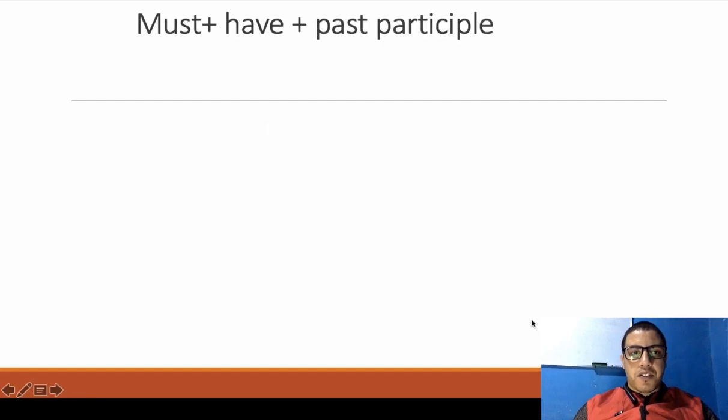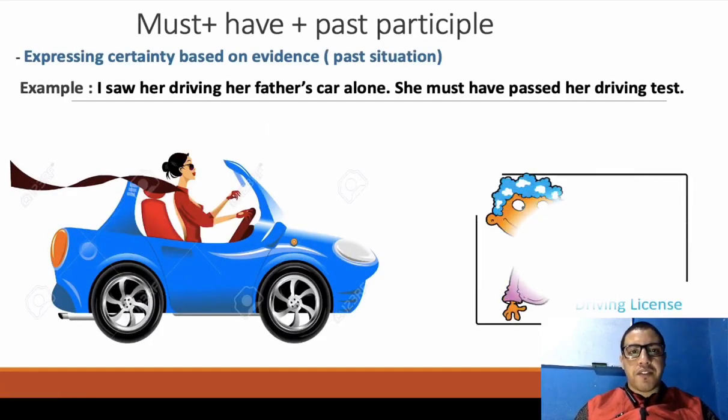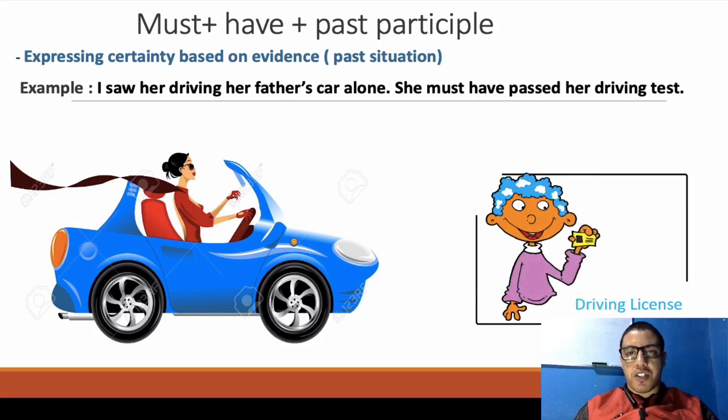So we have: I saw her driving her father's car. She must have passed her driving test, right? So here we have certainty. Certainty about what? The certainty is I am sure that she passed her driving test.